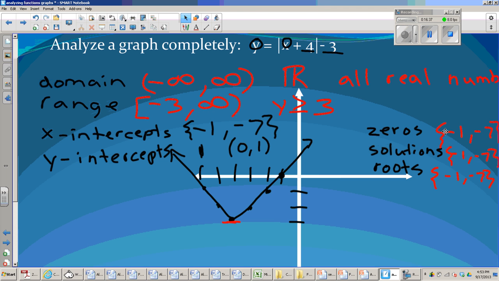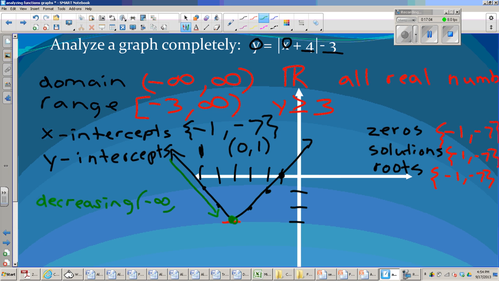Now let's look at the intervals of increasing or decreasing. Read from left to right. This graph starts by going down. So we are decreasing. Where are we decreasing? It starts at negative infinity. Where does it stop decreasing? Here.